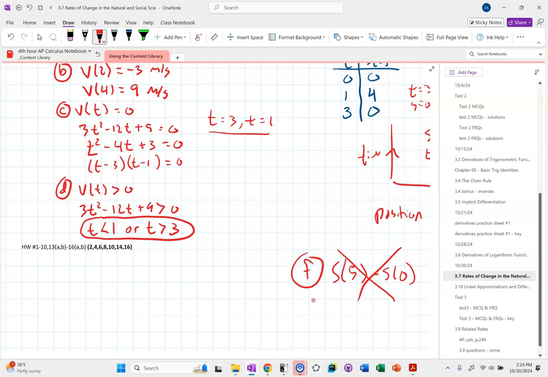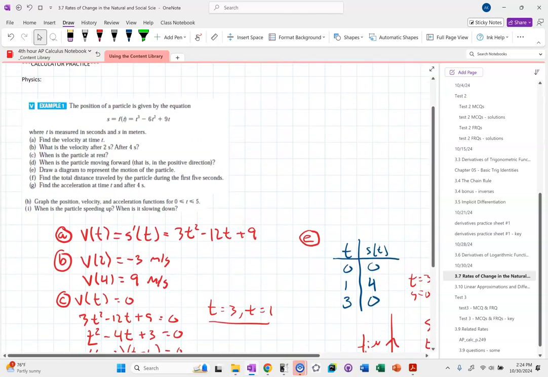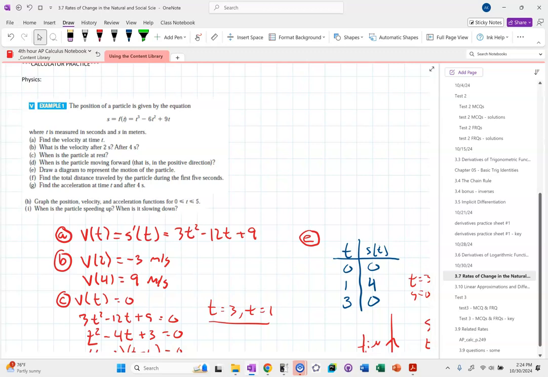Because somewhere in that first 3 seconds, we changed and went backwards, right? If I wanted the displacement, then I could do that. If I want the total distance traveled, I need to do the other, right?